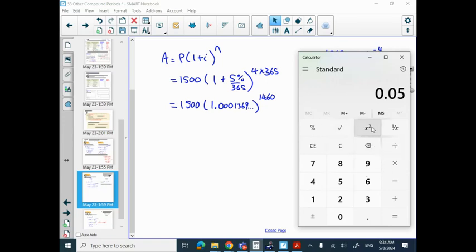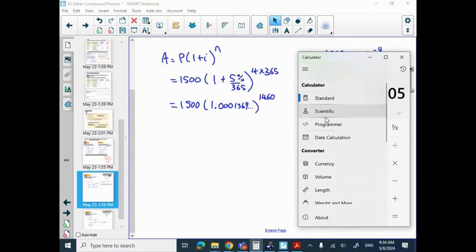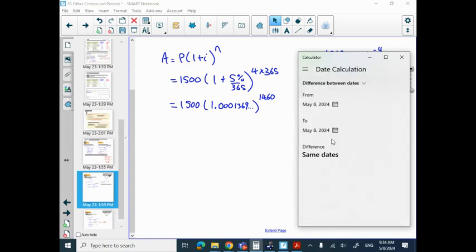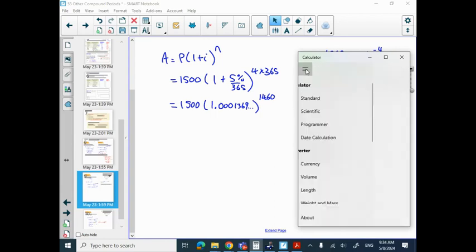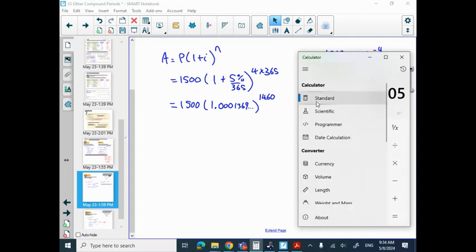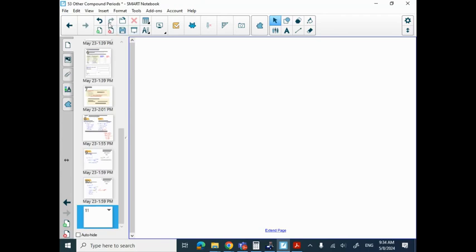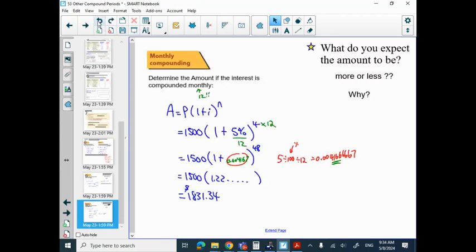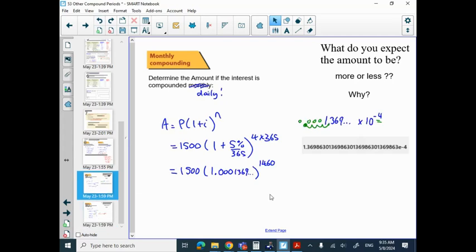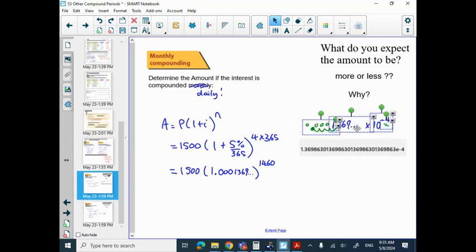Oh, it doesn't give us the option for power of. Nope. All right. I just thought I'd try. Yeah, so I guess you just need to know. Press the space bar.